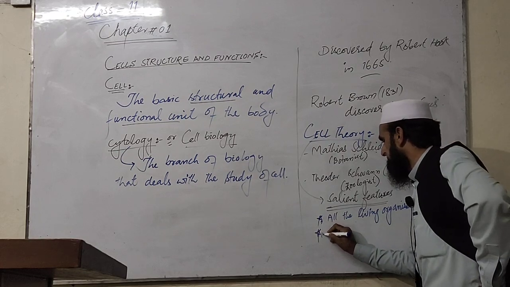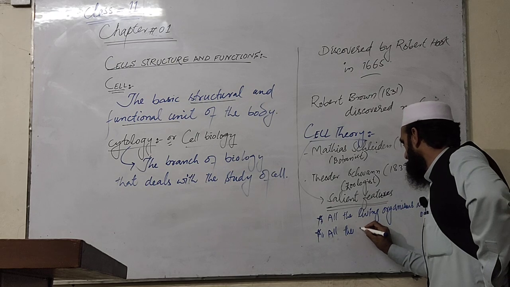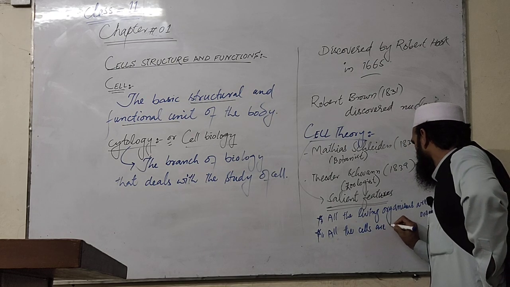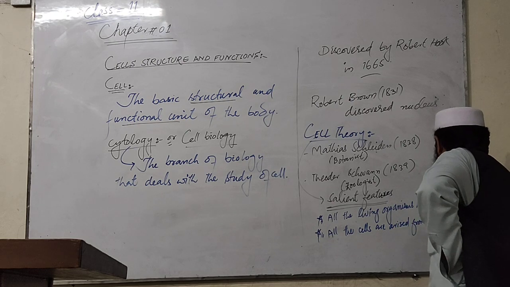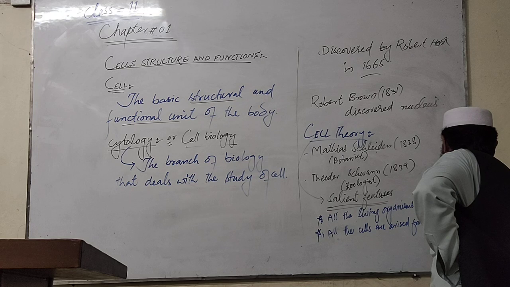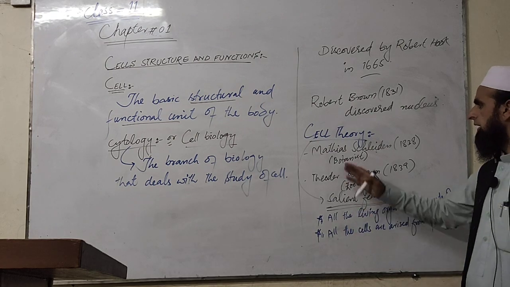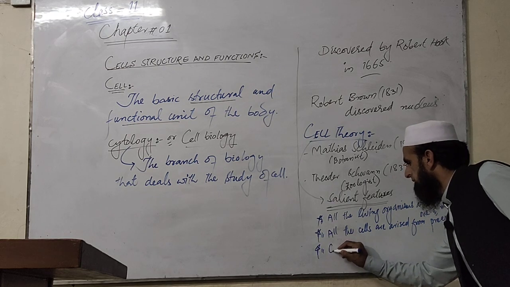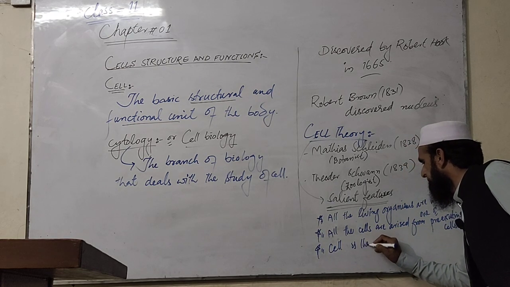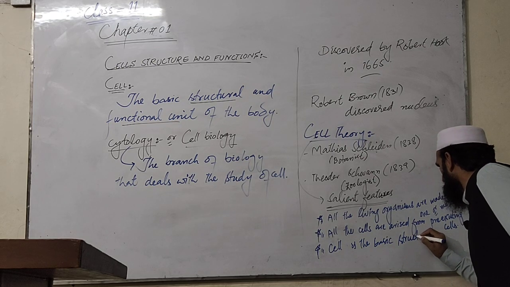Similarly, the second one, according to them, is that all cells arise from pre-existing cells. And the third salient feature of the cell theory is its definition, that is, the cell is the basic structural and functional unit of the body.